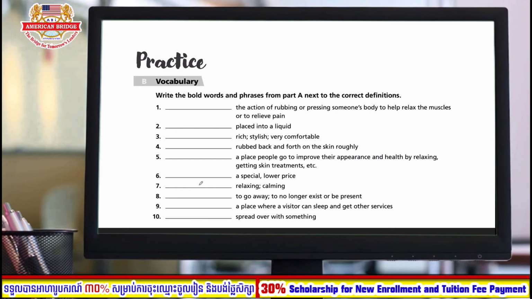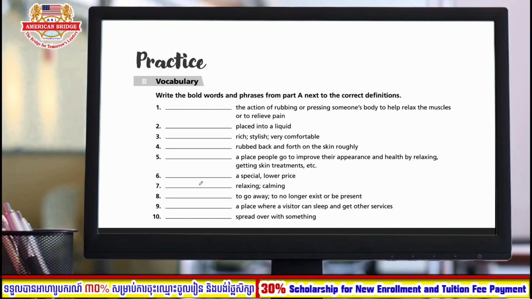If you look at number one, just a quick look without reading or trying to understand each word, you can tell the definition refers to a noun because it refers to an action. The action of rubbing or pressing someone's body to help relax the muscles or to relieve pain. So it is the action of doing something, so we call it a noun, and it starts with the letter M, right?